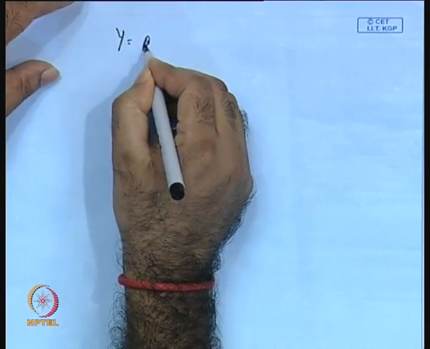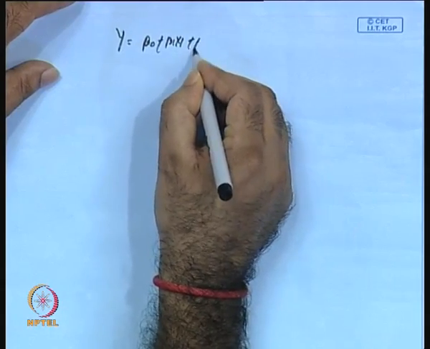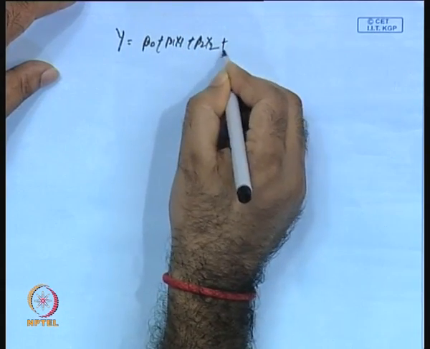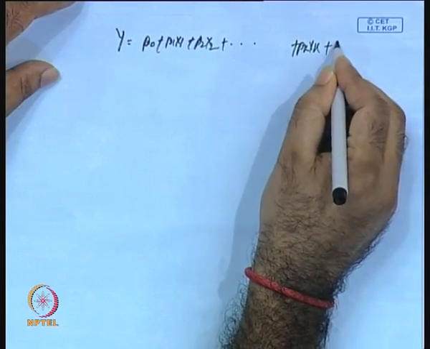Now we have to see the structure of this econometric model with k independent variables and y dependent variable. The starting point is y equal to beta 0 plus beta 1 x1 plus beta 2 x2 plus up to beta k xk plus u.